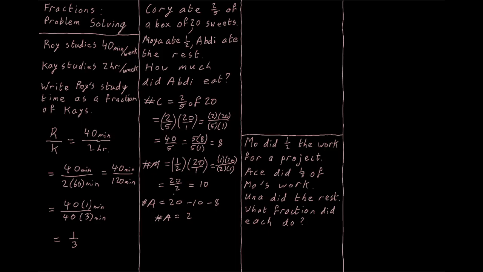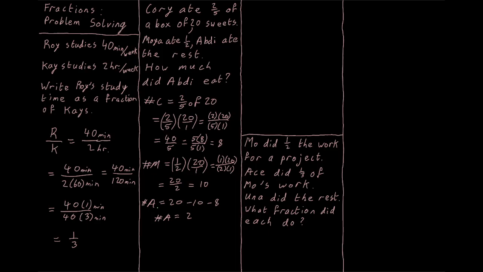Where is this argument coming from? It's how we would often instinctively tell ourselves the story, but it's coming from somewhere, and we can explain where it's coming from better. What we mean when we have the total number of sweets and we take away Corey's amount and Moya's amount is that if we added up all 3 of the people's number of sweets that they'd eaten, we'd have to get a total of 20.